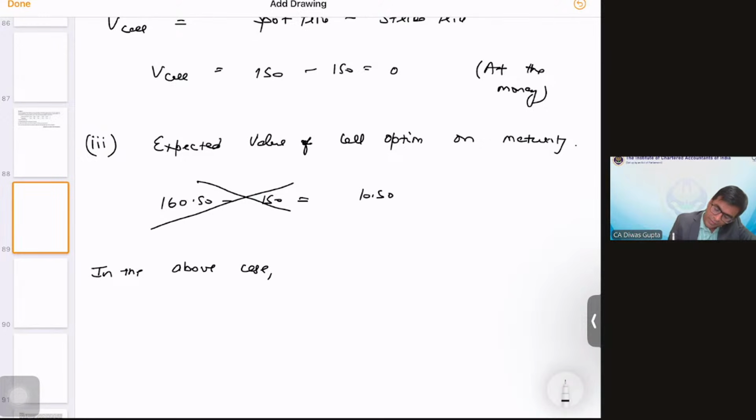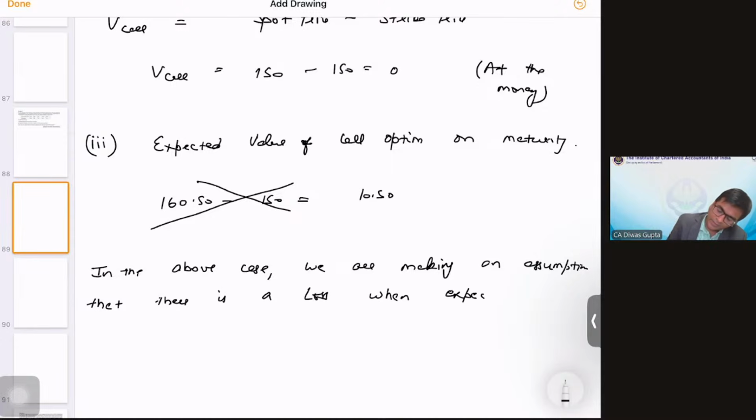above case, we are making an assumption that there is a loss when expected price is lower than strike price.